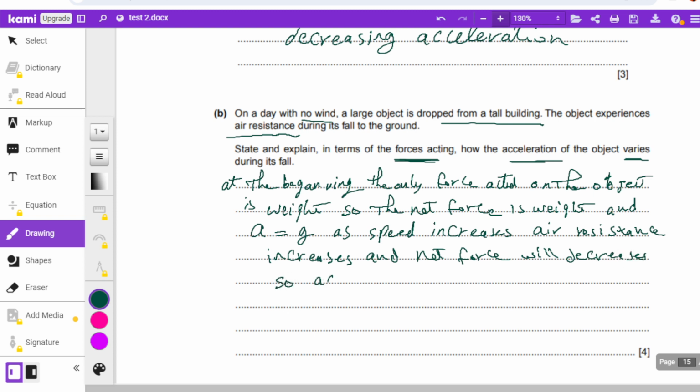So acceleration, which follows net force, will decrease until air resistance balances with weight.